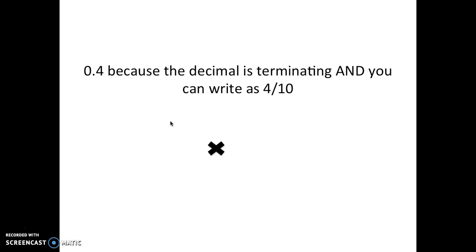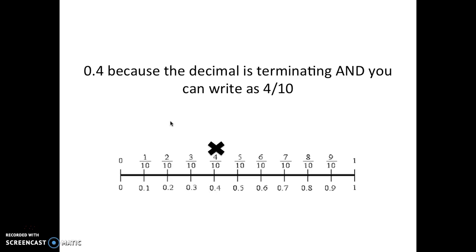0.4 is also a rational number for 2 reasons. The first reason is because the decimal is terminating, or it ends, and you can write it as a fraction, 4/10. And you can plot it either way on a number line.